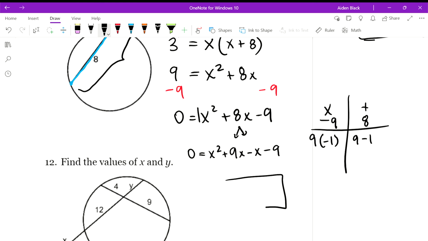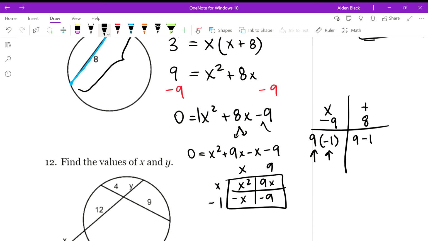You'll notice after doing the box, since our leading coefficient was 1, you basically just take these two values, and those are going to be what end up right here and right here. Let's play that out: x squared, 9x, negative x, and negative 9.